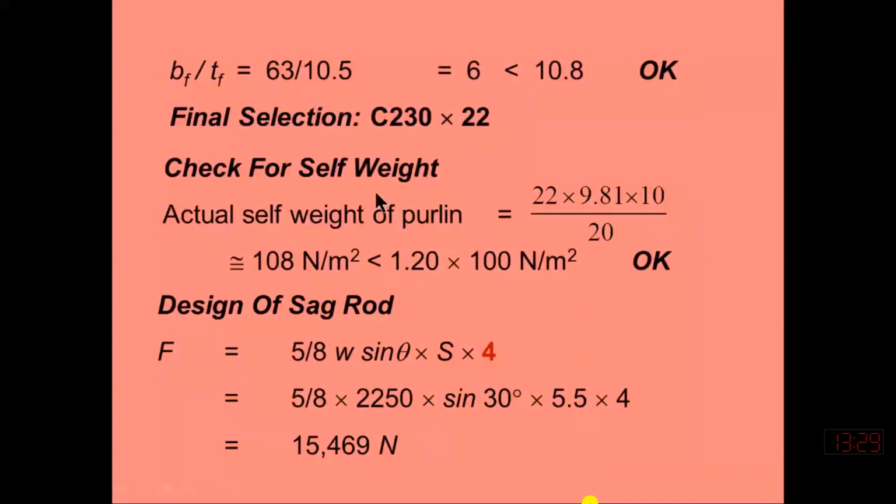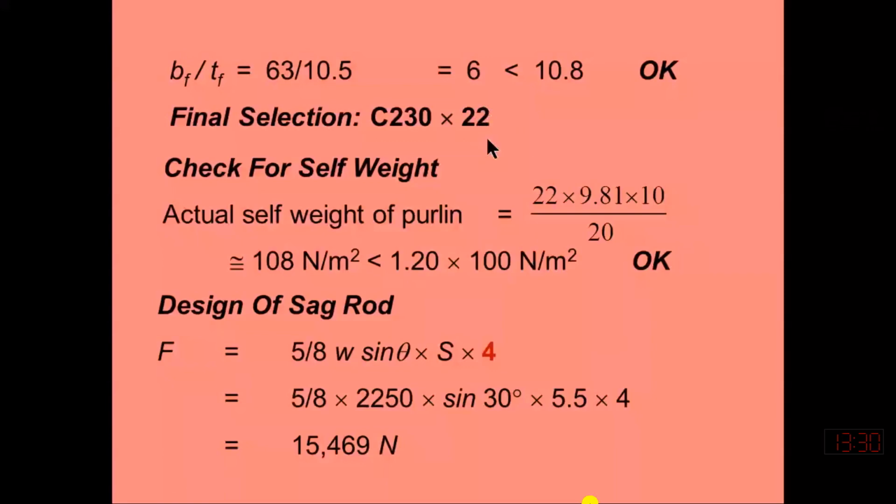So 22 is the weight of this section, kilogram per meter. This weight is a UDL, so we need to convert this load into load acting per unit area.